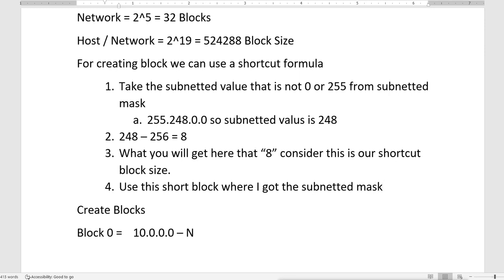I will use this shortcut block size where I get this subnetted mask.